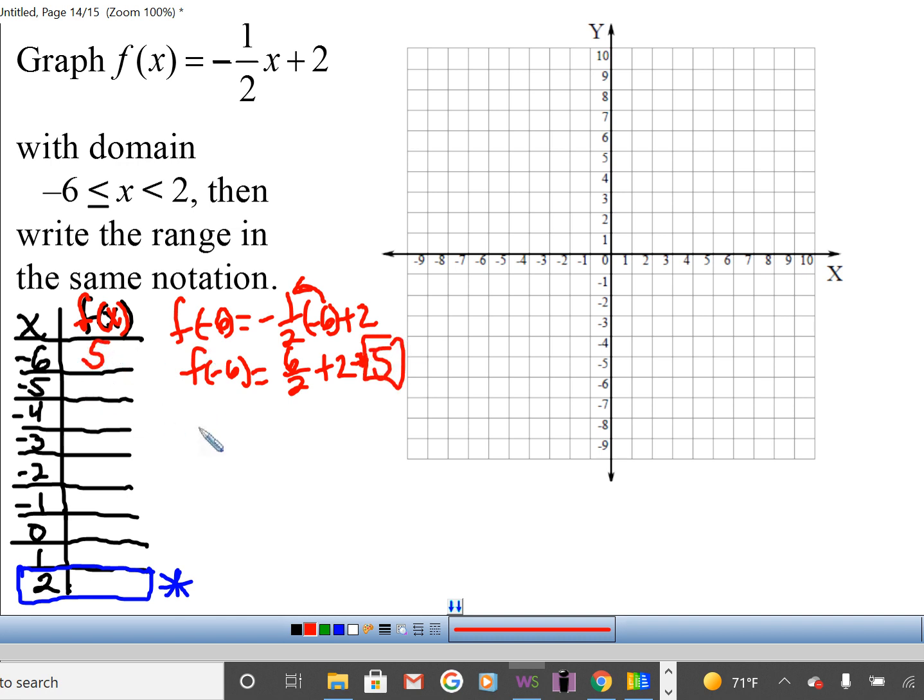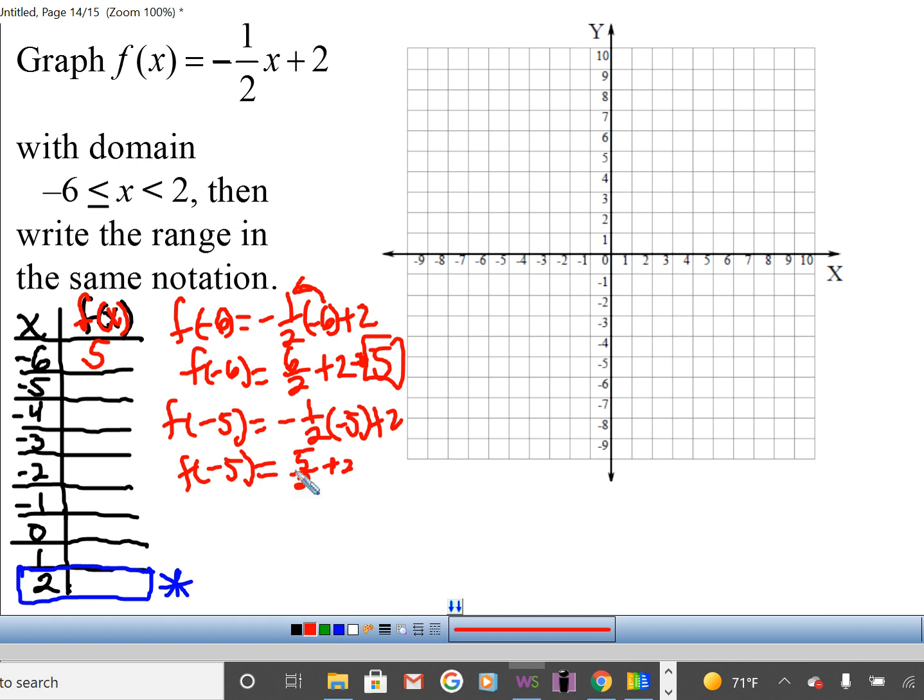Let's do that again now with negative 5. f of negative 5 equals negative 1/2 times negative 5 plus 2. f of negative 5 equals negative times the negative is a positive. 5 times 1/2 is 5 halves plus 2.